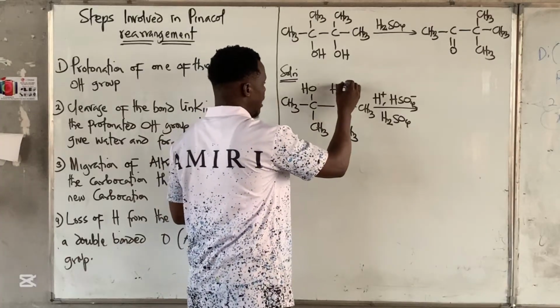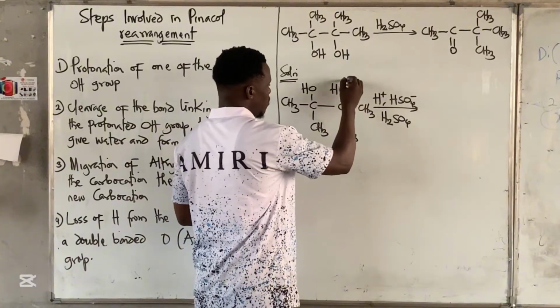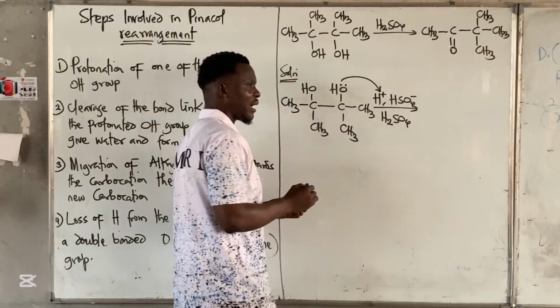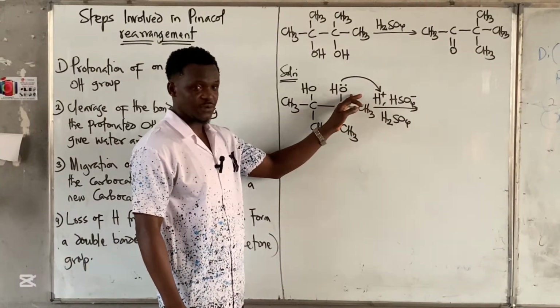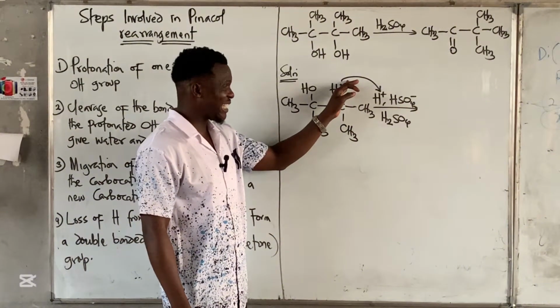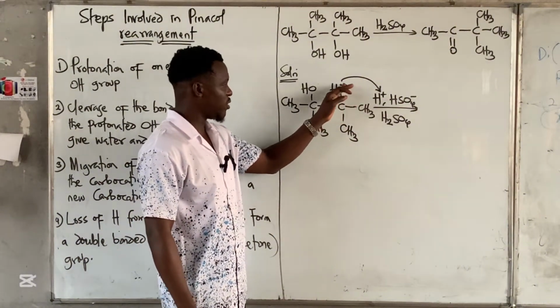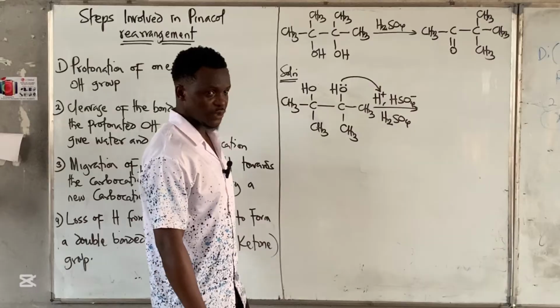Now one of these O has a lone pair on the oxygen, which is going to pick up the H. On no account should you draw this arrow from a positive to a negative. No, it's always from the negative to the positive, or from where you have electrons to where there is positive.